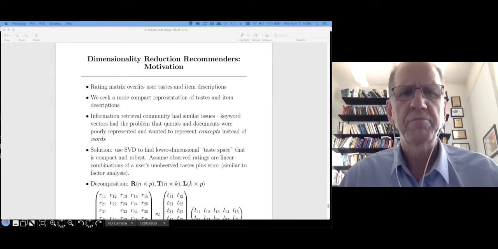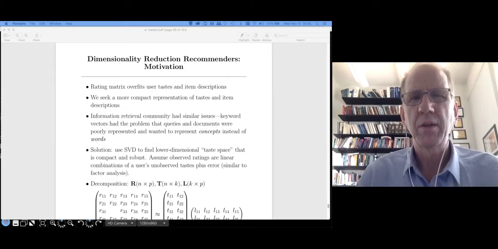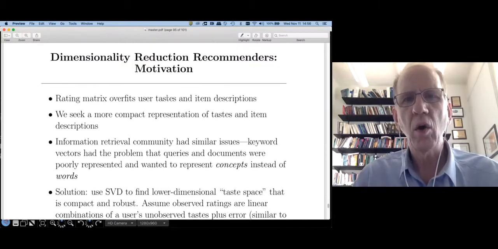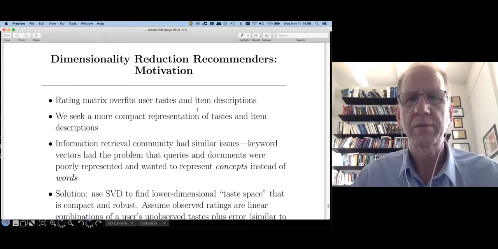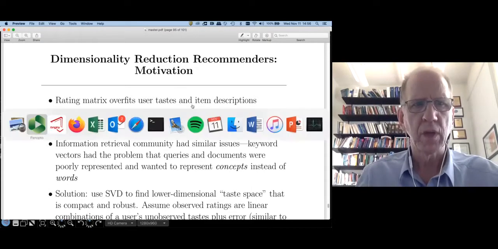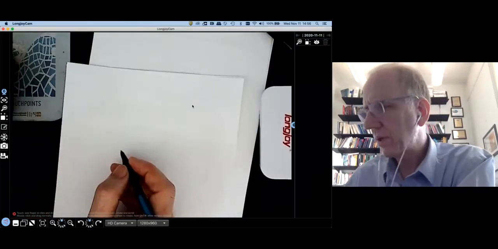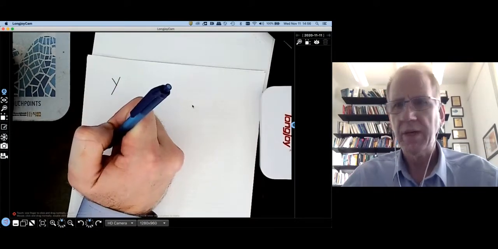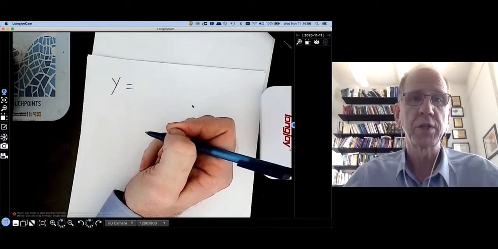The basic idea here is that the observed ratings that we have tend to overfit tastes. The way I like to think about this is, usually when we do machine learning, if we observe something, that something is a function of two things.